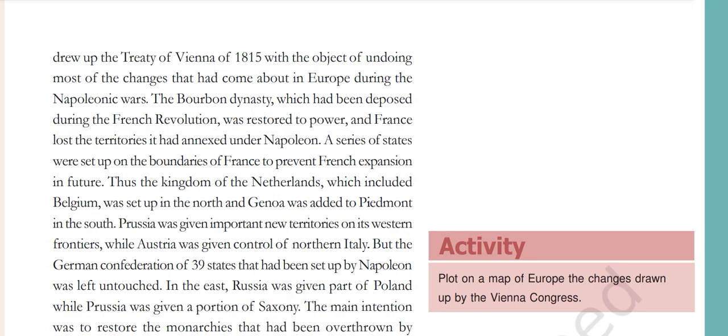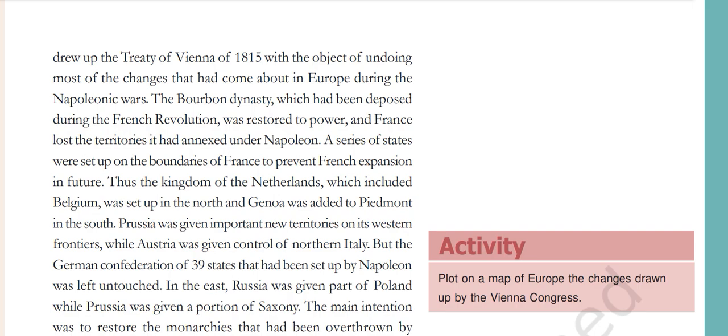The Bourbon dynasty, which had been deposed during the French Revolution, was restored to power, and France lost the territories it had annexed under Napoleon. A series of states were set up on the boundaries of France to prevent French expansion in future.